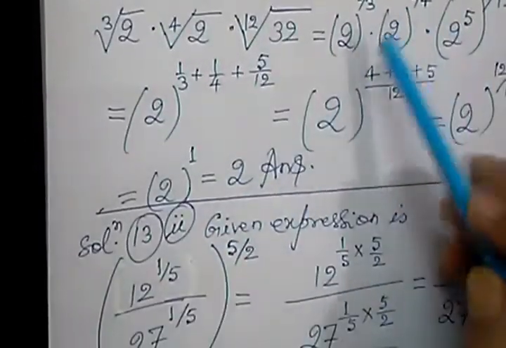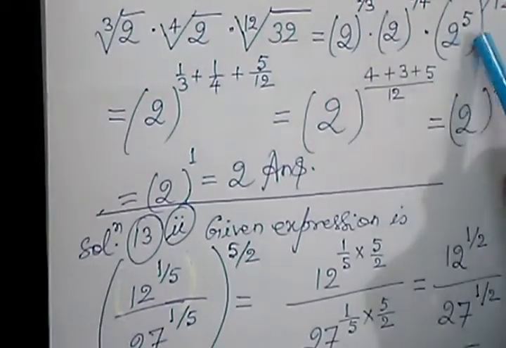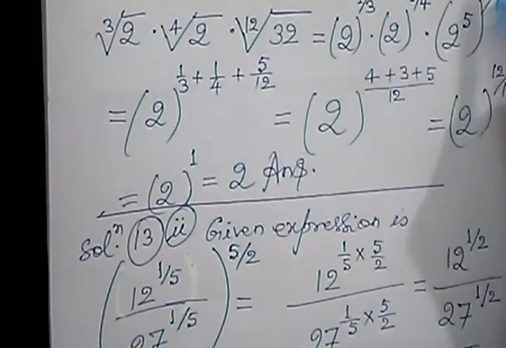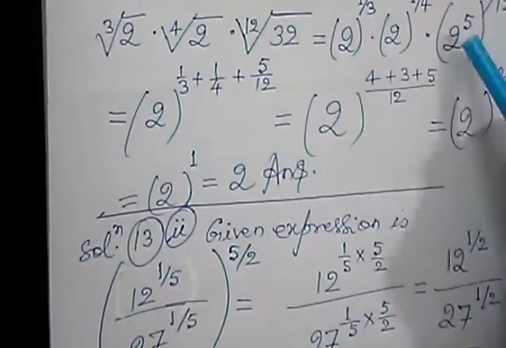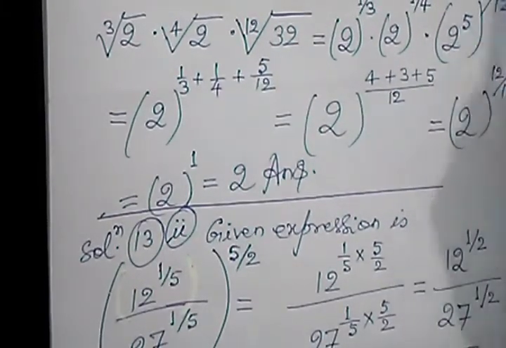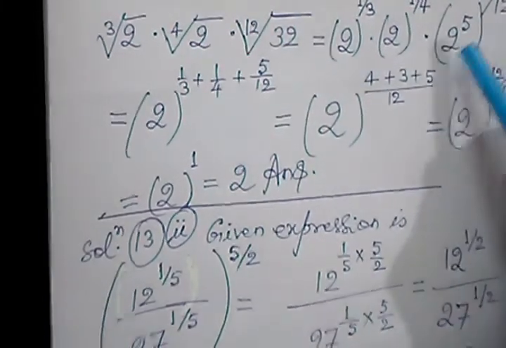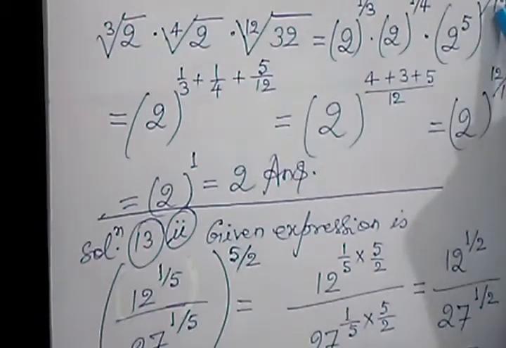Now since the base is same everywhere, and also here this is power of a power, first of all powers are multiplied, so it will become 5 upon 12. So 2 to the power 5 upon 12.